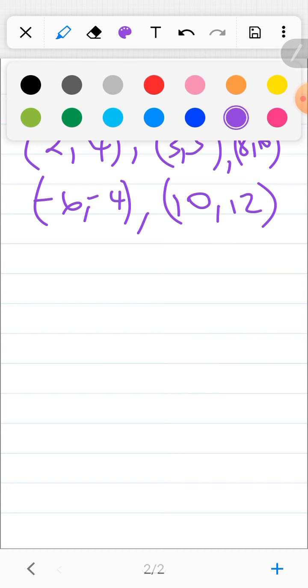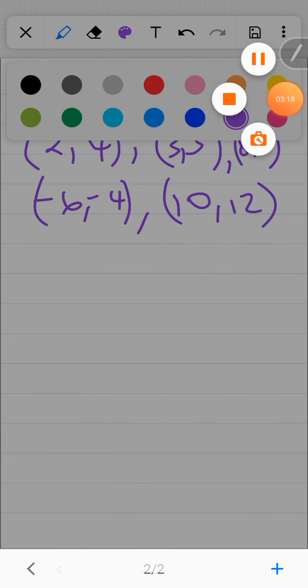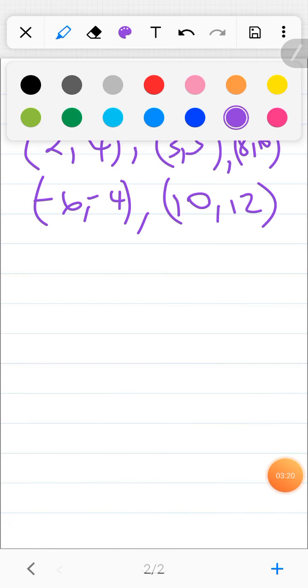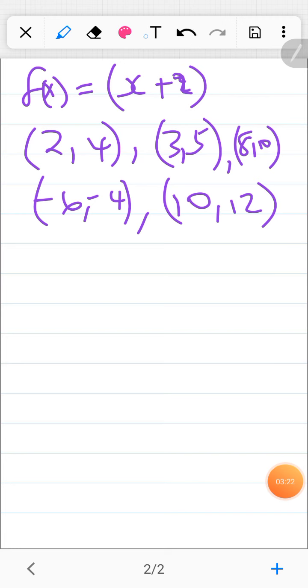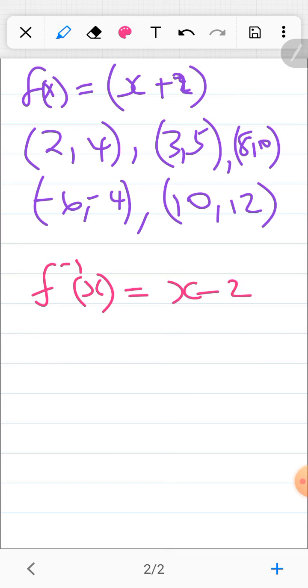However, if I try to write the coordinate points of the inverse function, because remember the inverse function is x minus 2, I start with input, which is x, and then output, which is y. For the inverse function, if I put in 12, what would it give me? It would give me 10.